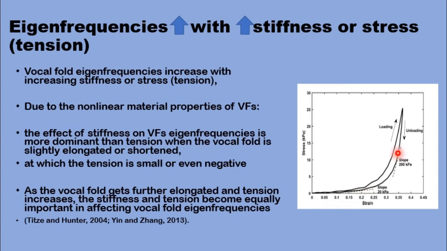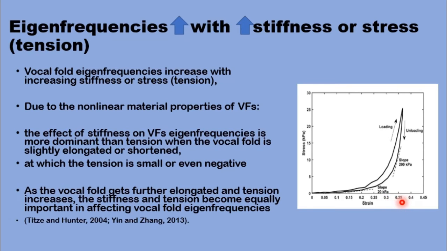As you can see, it's like a curve with a considerable change in the length of the vocal fold with only small changes in the tension in the early parts of the curve, and in the later part of the curve you would need a considerable amount of tension to increase the vocal fold length only a small bit.